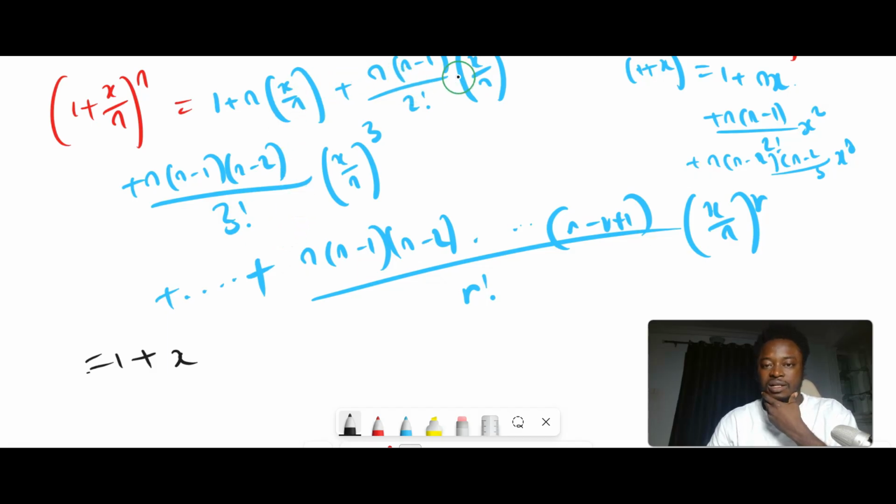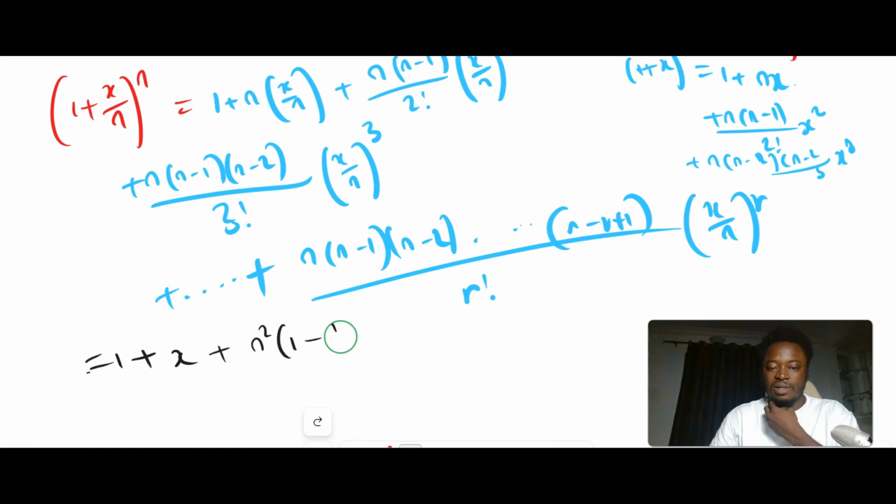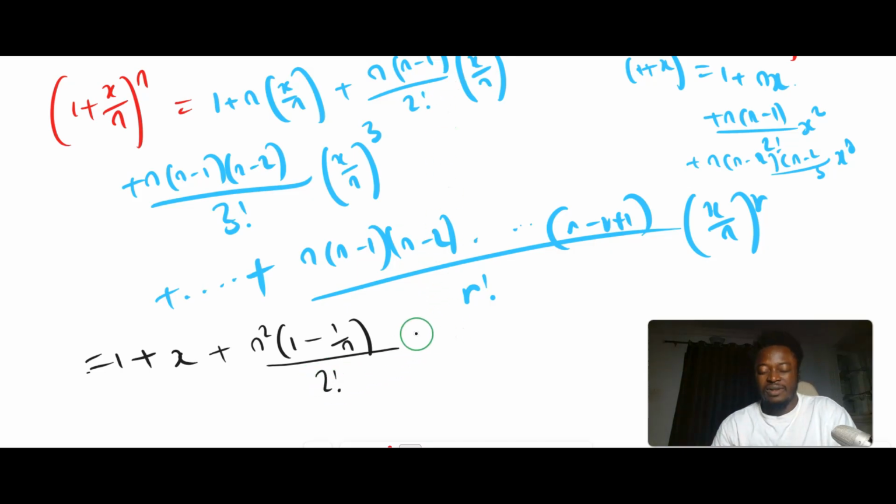What about the next terms? You can factor out an n squared, so you have n squared times (1 - 1/n) all divided by 2!, then x squared over n squared.